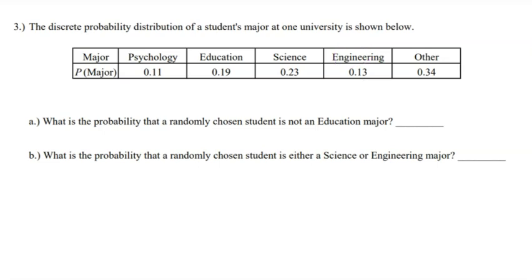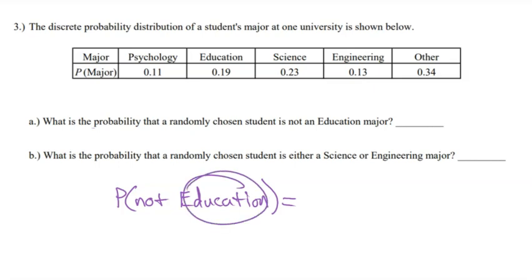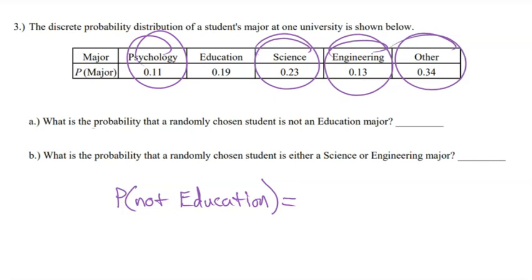So what is the probability that a randomly chosen student is not an education major? What we're essentially saying here is, what is the probability that any student is not an education major? Well, the probability that they are an education major is 0.19. So if they're not an education major, then they're either psychology or science or engineering or other.